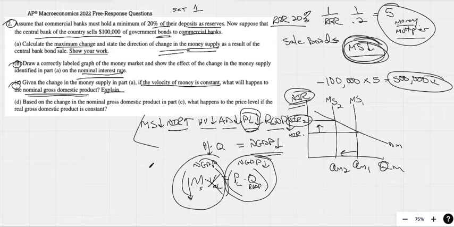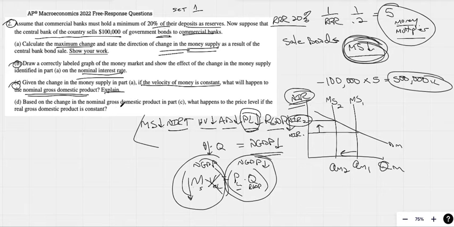You simply could have explained by giving them the formula of the equation of exchange, or quantity theory of money. I think I'm saying that correctly. I probably messed it up. Brain fart. Anyway, the velocity of money is constant. I know money supply is going down. I know nominal GDP has to fall, mainly because I know price level is going to fall. Easy enough.